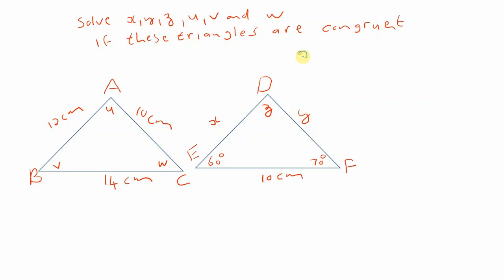So we can say Z equals 180 degrees minus the other 2 angles of 60 and 70 degrees. So therefore Z is in fact equal to 50 degrees.